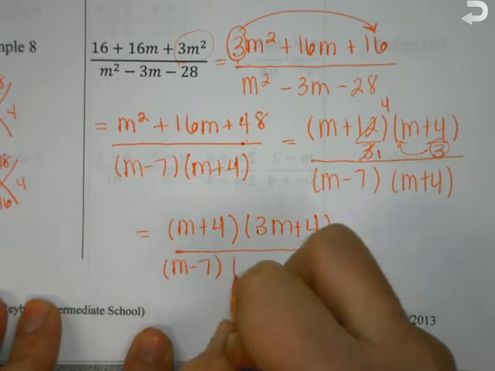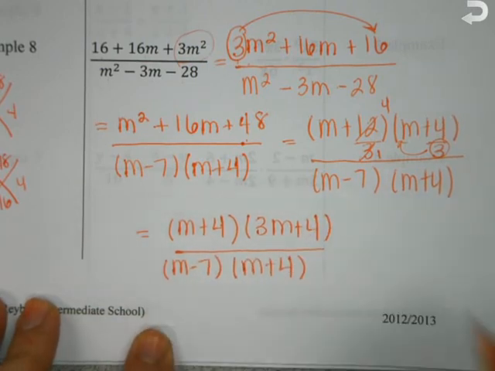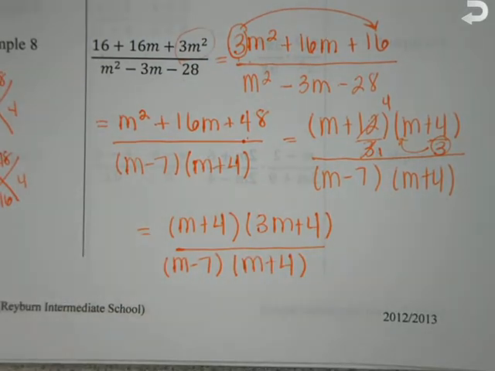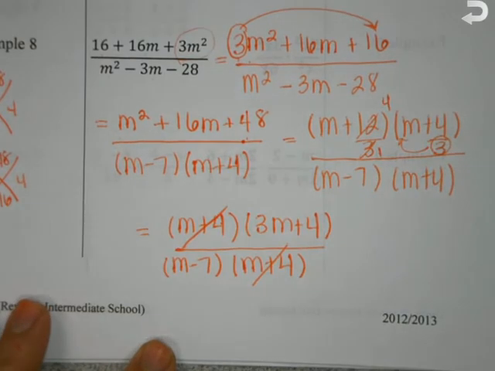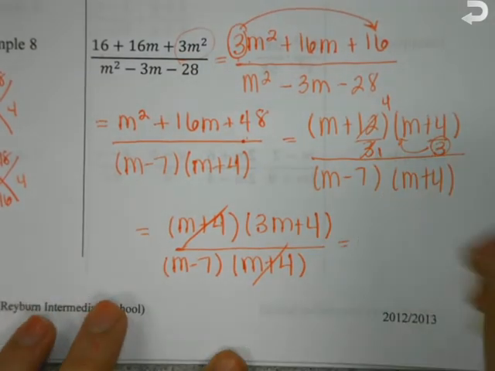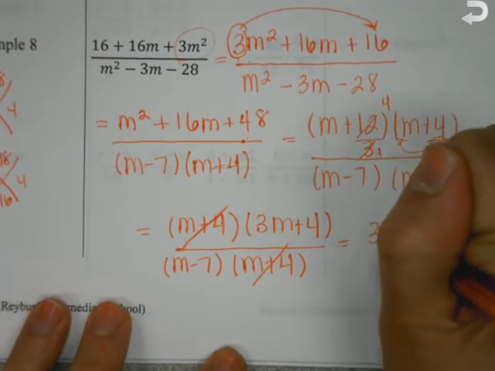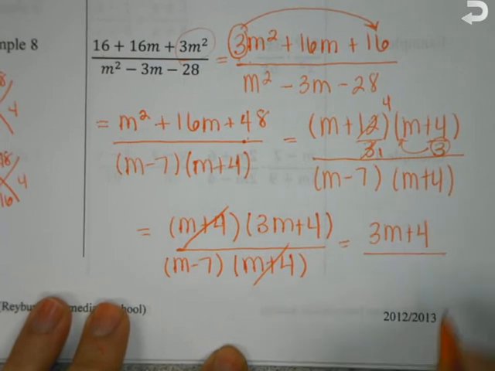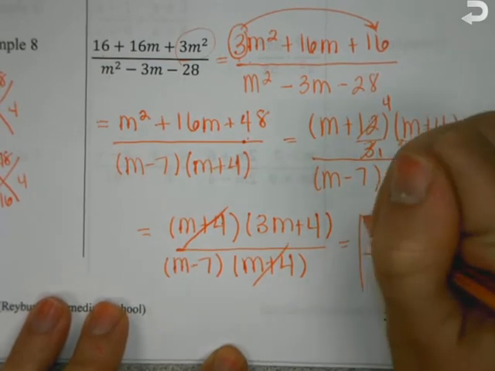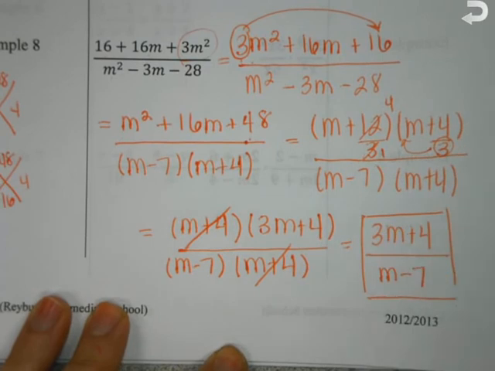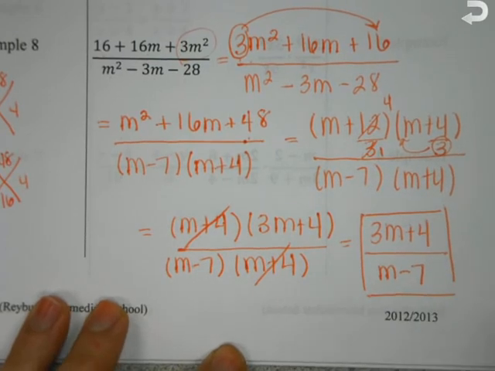Now m plus 4 and m plus 4 can cancel. So what is my answer? Good. 3m plus 4 over 3m minus 7. Can I reduce the m's? No, because it's all addition and subtraction. They are stuck together. That is simplifying.